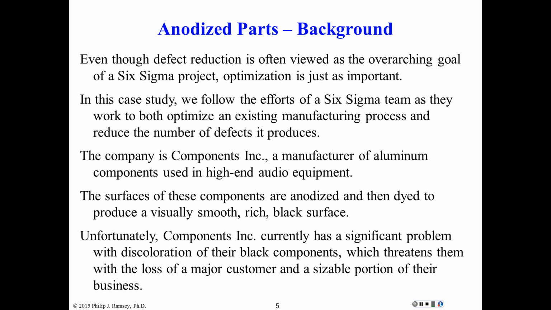And what is wanted on the surface of these heat sinks is a very smooth, rich, black surface, a very dark, rich black surface, no blemishes whatsoever. Unfortunately, Components Inc. in its manufacturing process is having a great deal of difficulty with part quality, to the extent they may lose a very profitable business if the problem isn't fixed, hence the need for a Six Sigma project.